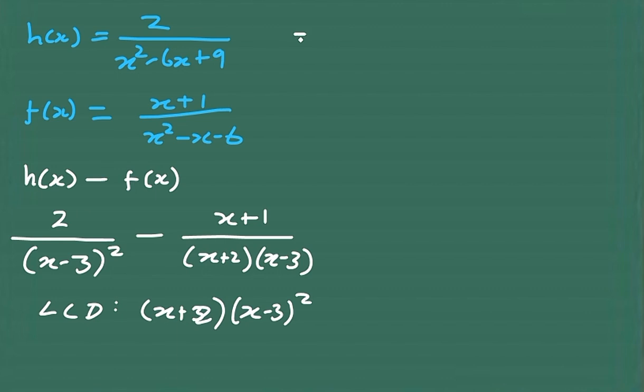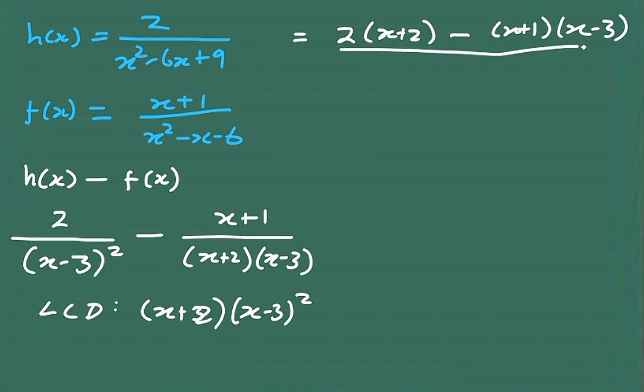So here we are going to have 2 times x plus 2 minus, when I also take this common denominator and multiply it by this one, one of the x minus 3 is gone and x plus 2 is also gone. So we are going to have x plus 1 times x minus 3. All this is being divided by x plus 2 times x minus 3 all squared.